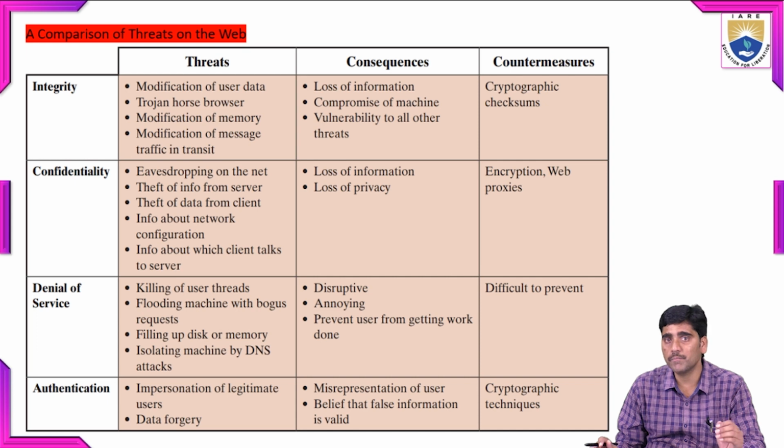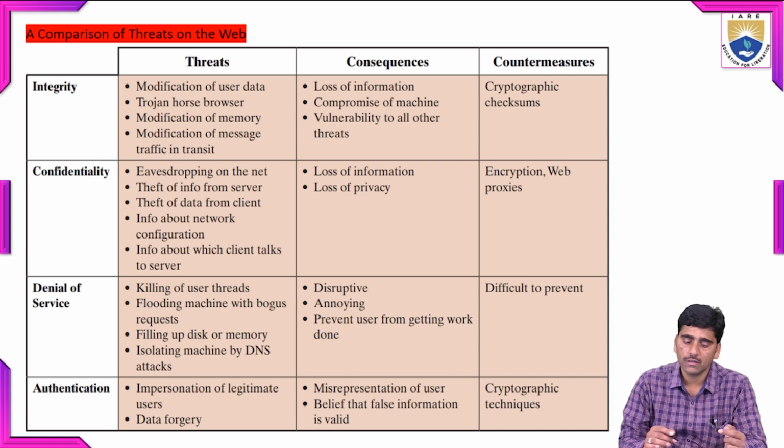So here is the comparison of threats on the web. What are the different types of threats available on the web, what are the consequences we are facing from the threats, and how are we going to counter the threats?